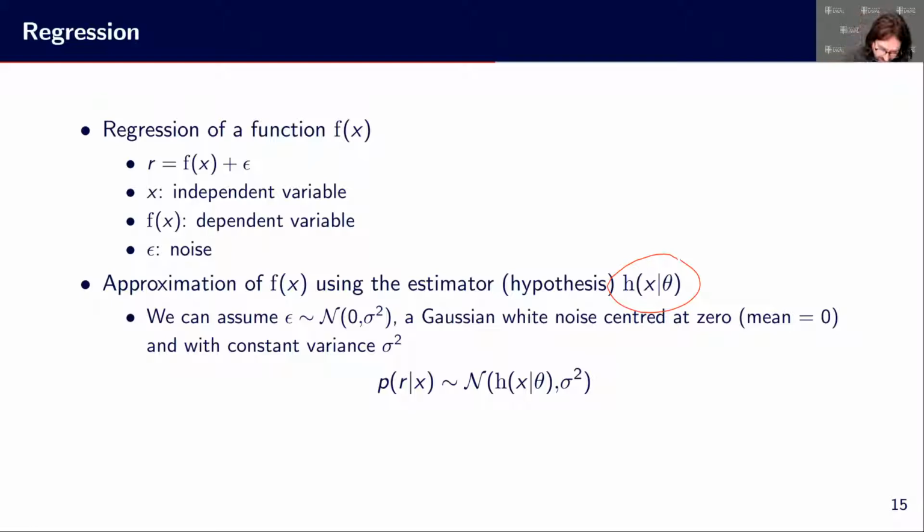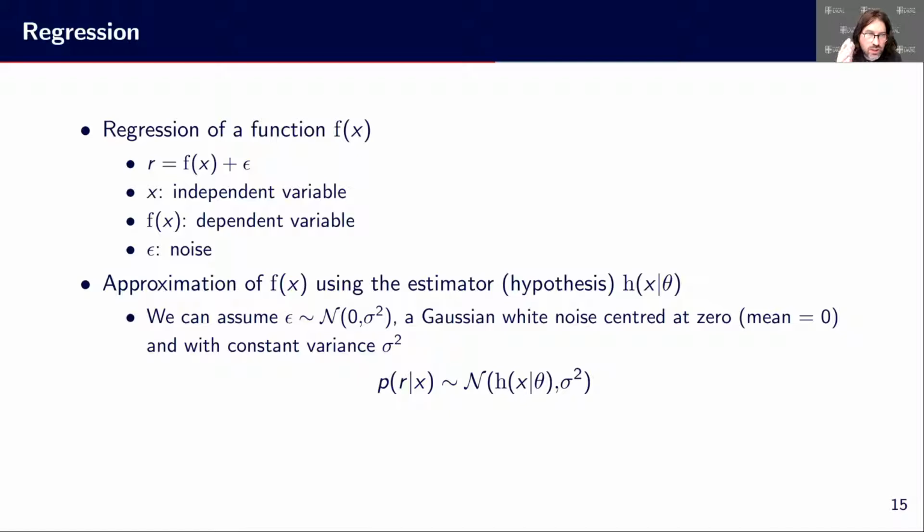So we can assume that at first the noise is a Gaussian white noise centered at 0. That means that we have a zero mean with a constant variance sigma squared that is describing the noise that we have in our function. This is an assumption, but it is relatively reliable.